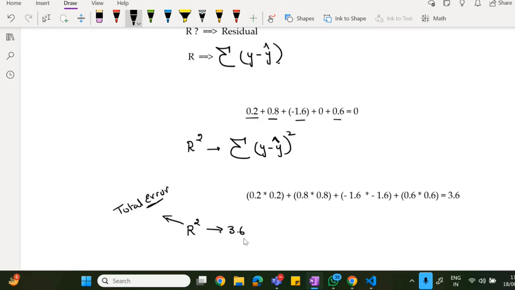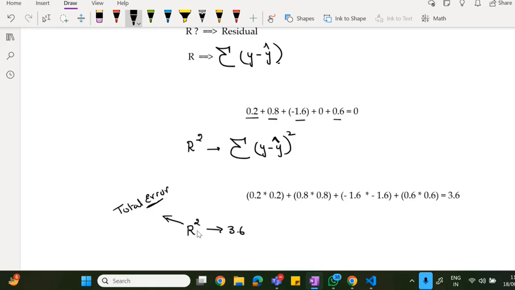Okay, this is a total error. Now, one thing you should understand over here: this is called the R square error detection mechanism, which we also call the error matrix.